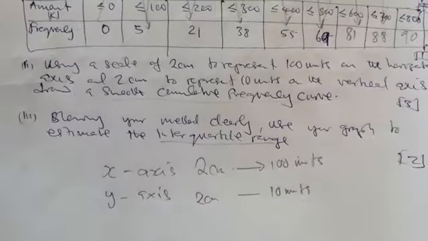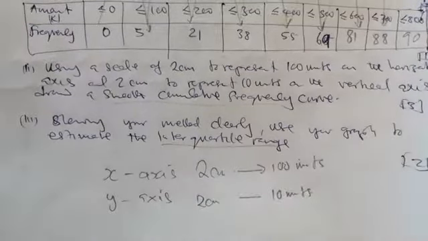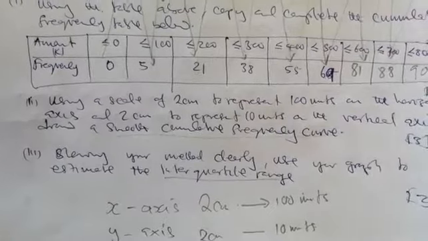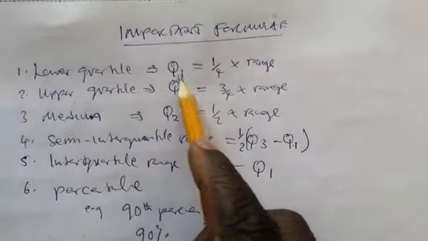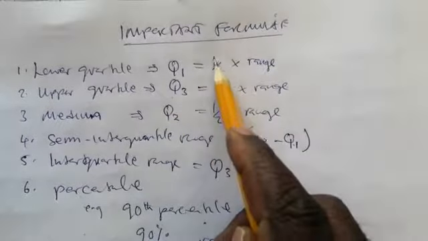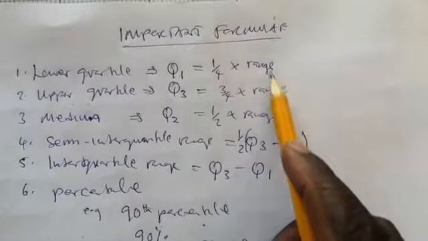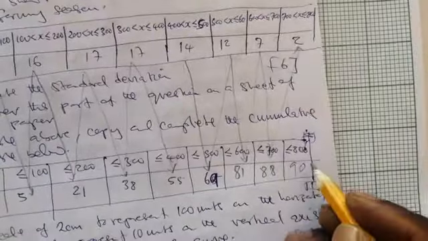This brings me to certain important formulas that we need to know before we proceed. We have the lower quartile, represented by Q1, which is a quarter, 1/4 times the range. In this question our range is the total number, which is here.